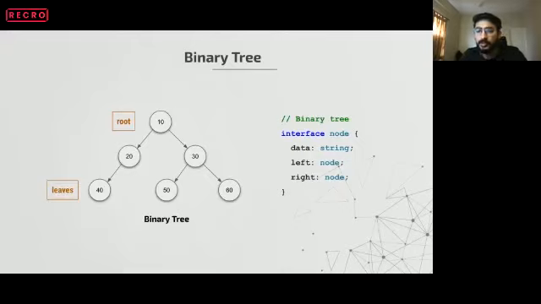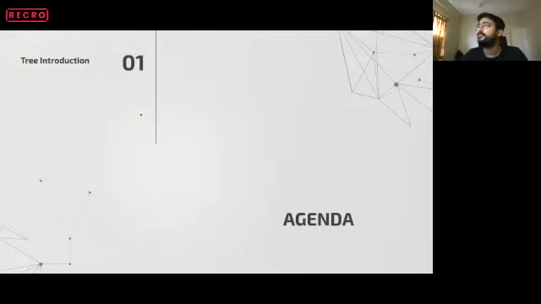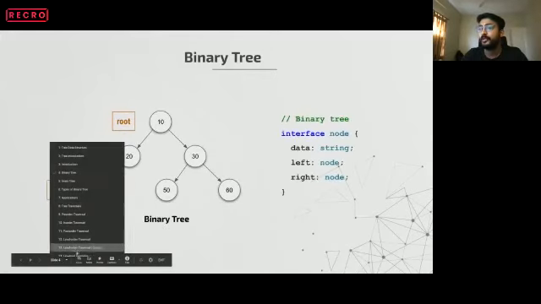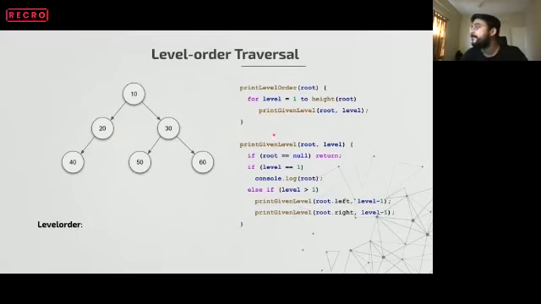Can't this be then started with level equals to root first in level order traversal? Level equals to root. Let me go back to level order traversal slide. So we start with level equals to 1. Level is always a number, right?